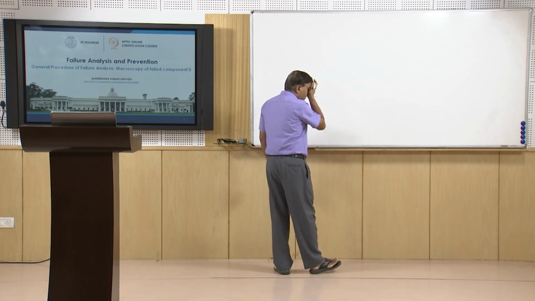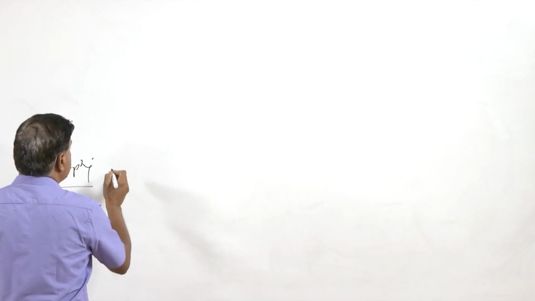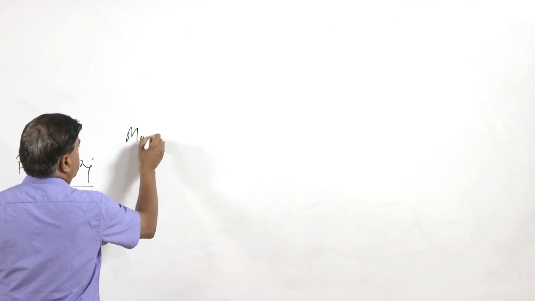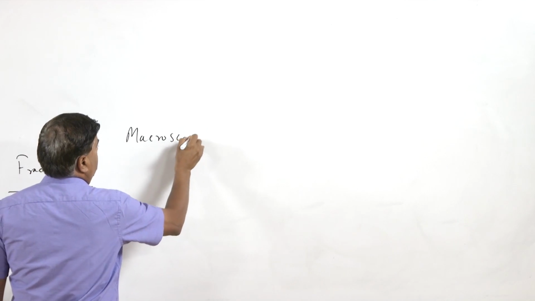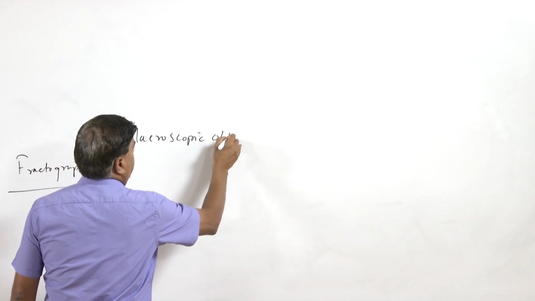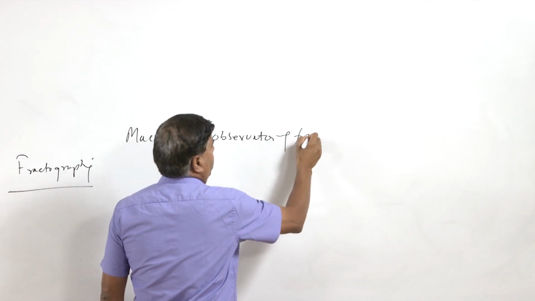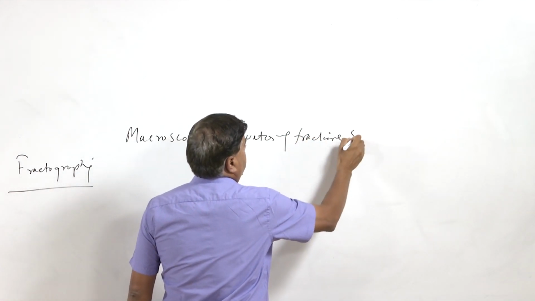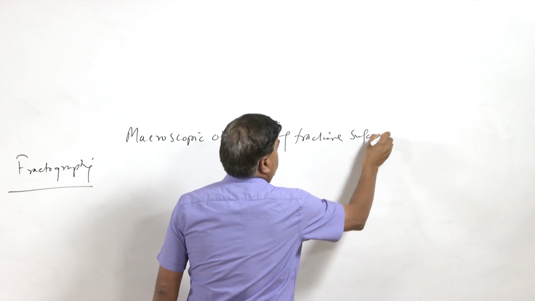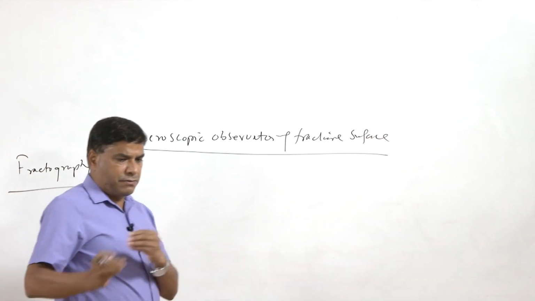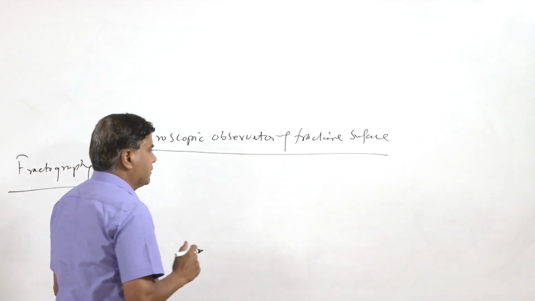So, about these inferences which are obtained from the macroscopic observation of the fracture surface. What information can we gather through the various features which are present on the fracture surface?